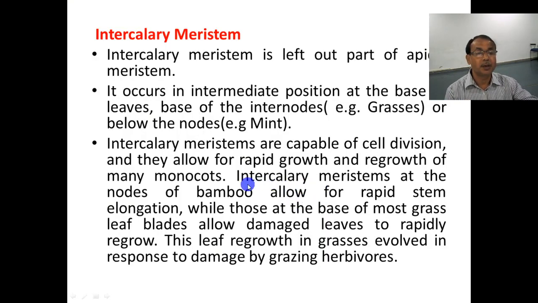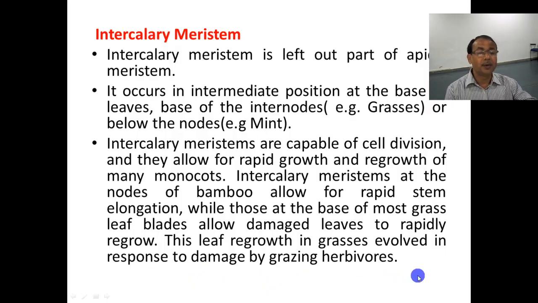I'll repeat these lines once again. Intercalary meristems at the nodes of bamboo allow for rapid stem elongation, while those at the base of most grass leaf blades allow damaged leaves to rapidly regrow. This leaf regrowth in grasses evolved in response to damage by grazing herbivores.